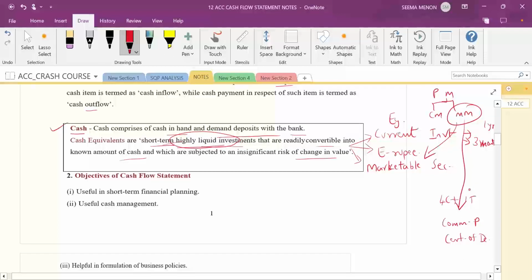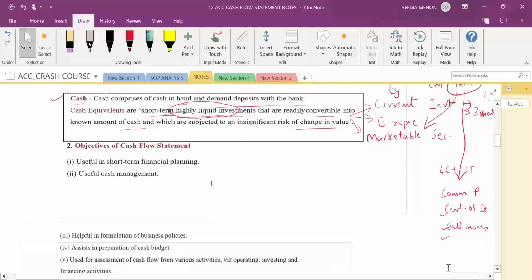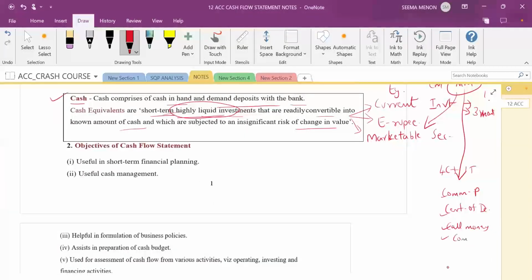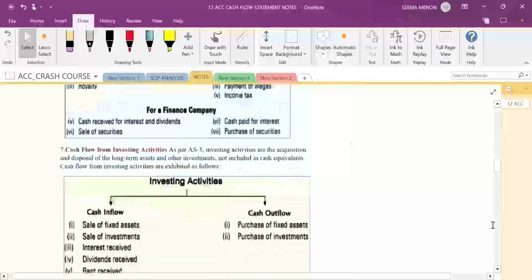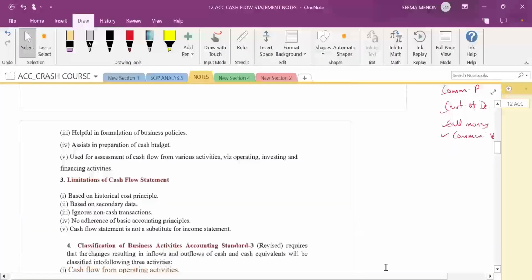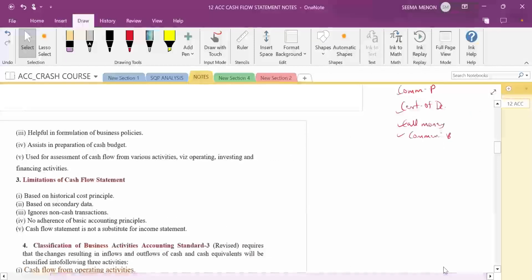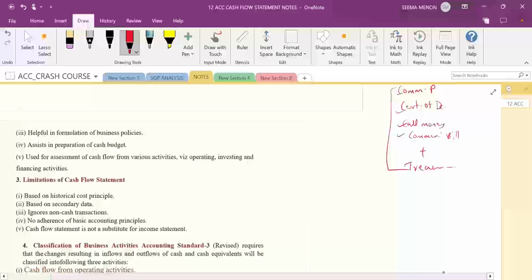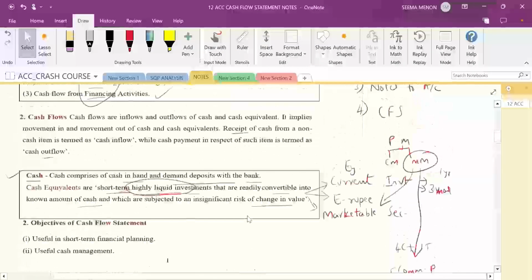The 4 C's are commercial paper, certificate of deposit, then call money, and after that commercial bill. Then the plus one is treasury bill. So total that is 5. All these we can consider as cash equivalent.